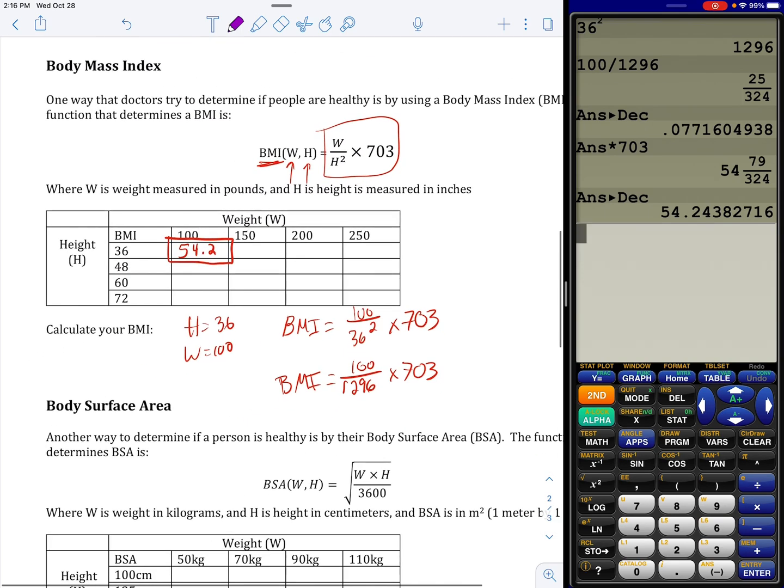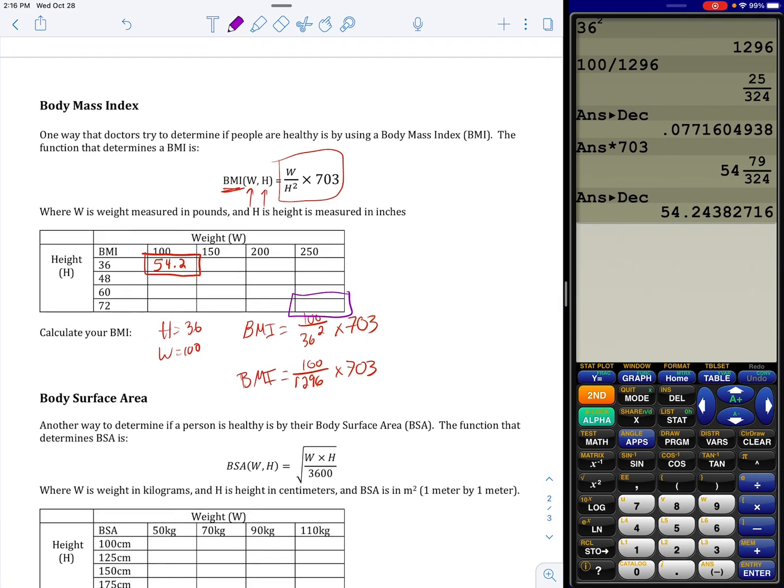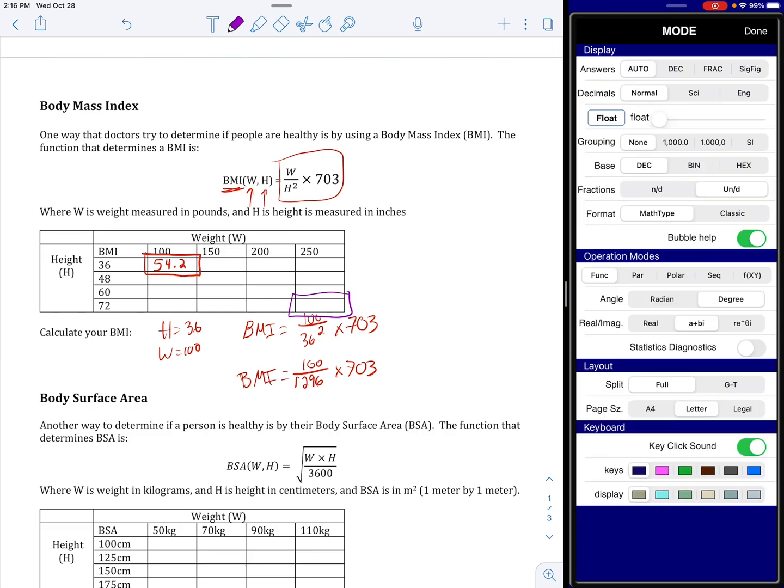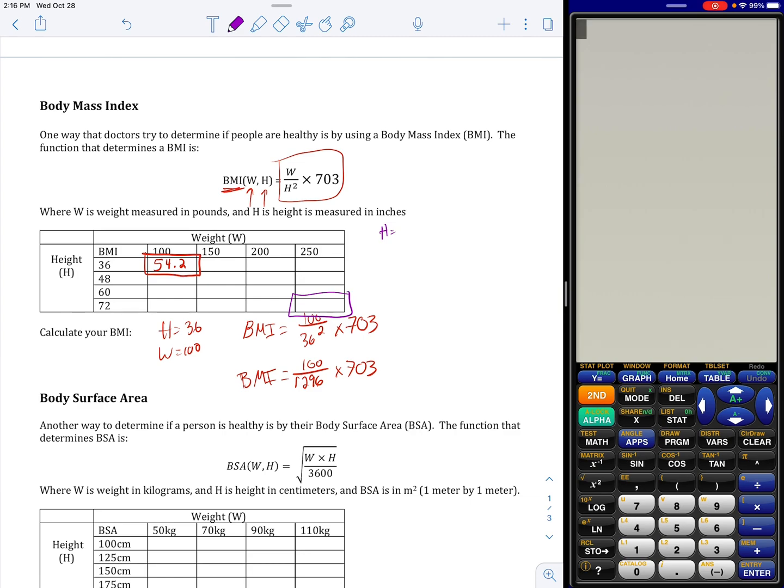Here we're going to do somebody who is, let's see, 3, 4, 5, 6 feet tall, 250 pounds. So the height is 72. The weight is 250. So BMI is 250 divided by 72 squared times 703.